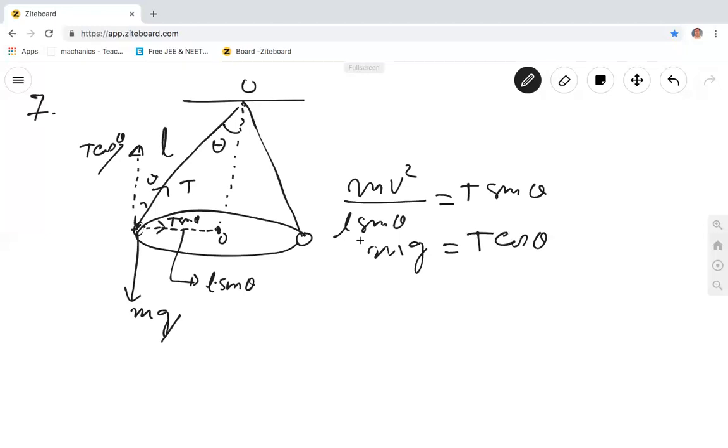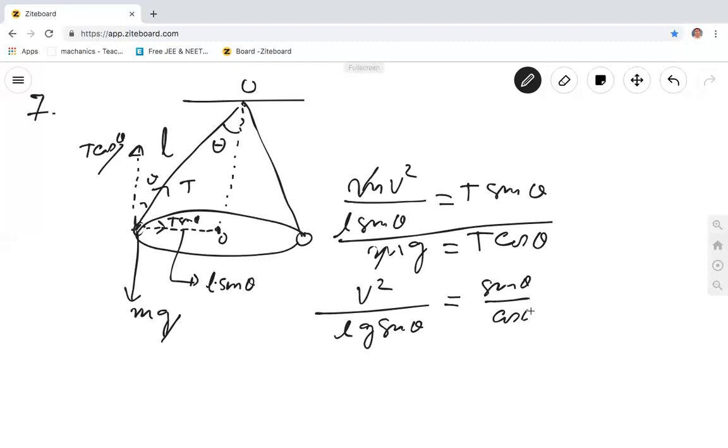Okay. If I divide them, what am I getting? M gets cancelled. Yes. V square by LG sin theta is equal to tan theta. Sin theta by cos theta, keep it like that, because I have to find theta.